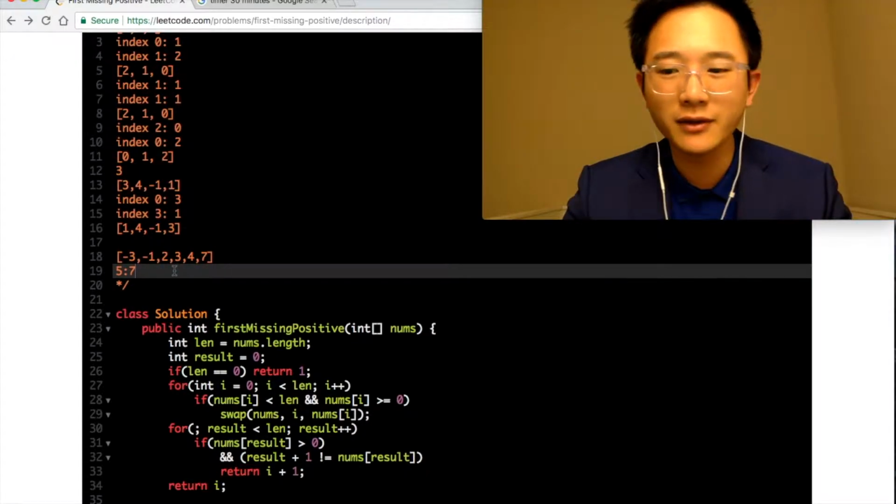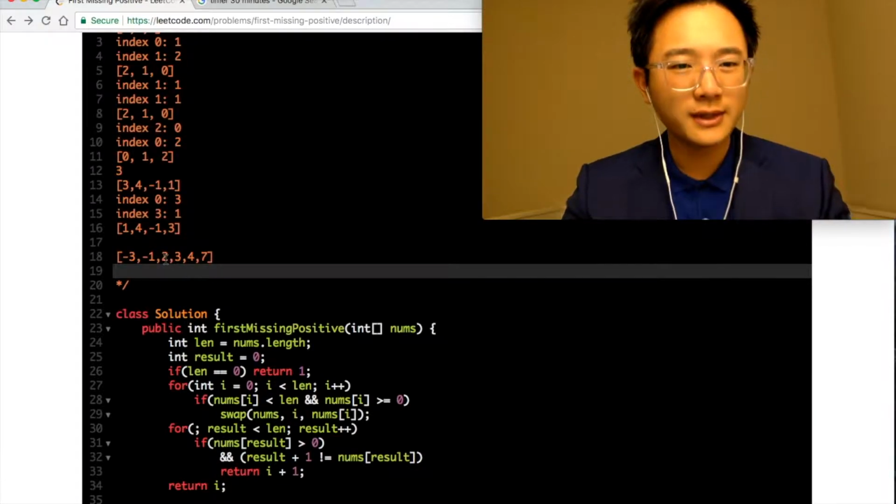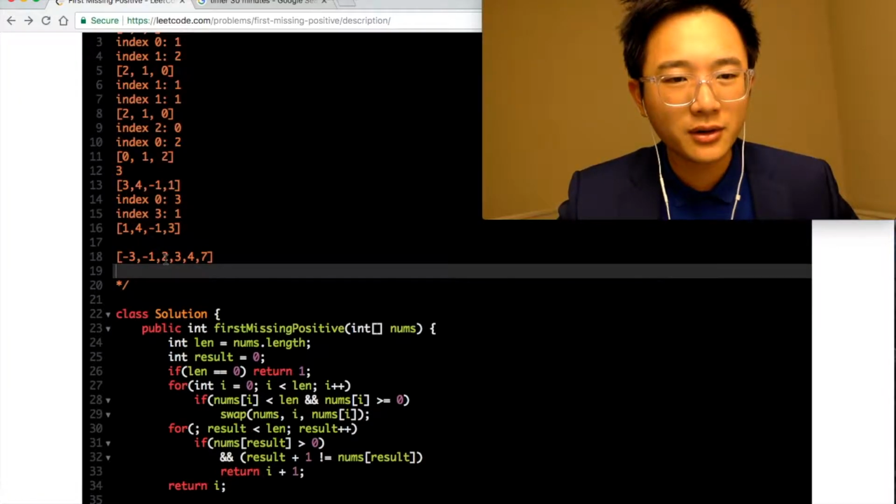We have 7, 7, don't care. So we start from 0, negative, negative, 0, 1, 2. 2 is not correct. Interesting. 2 is actually not correct because we want 1 here. The first missing, right? 0, 1, 2, 0.